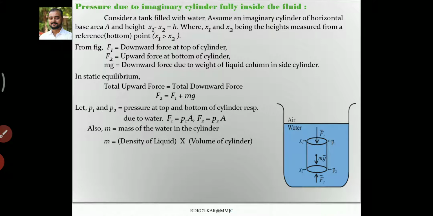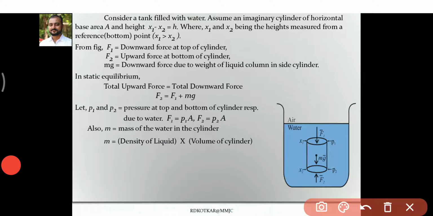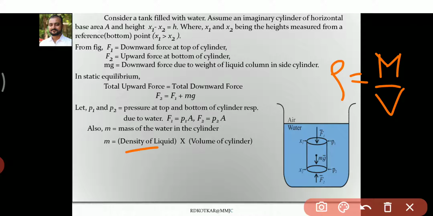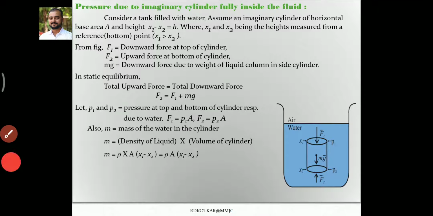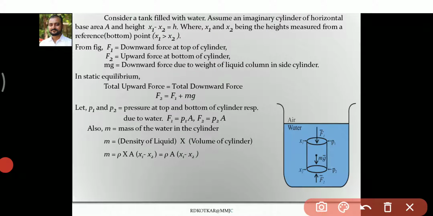According to the formula, density is defined as mass divided by volume, so mass is given by density multiplied by the volume of the cylinder. Therefore m is equal to, considering rho to be the density of the liquid and A the area of cross section of the cylinder, the volume, which for a cylinder is area multiplied by height.